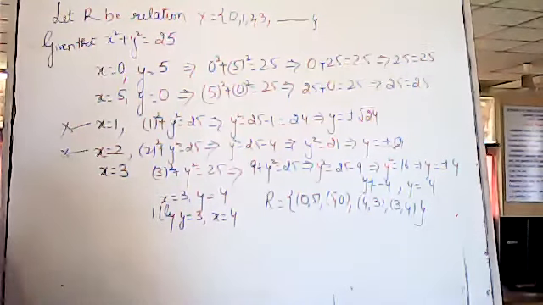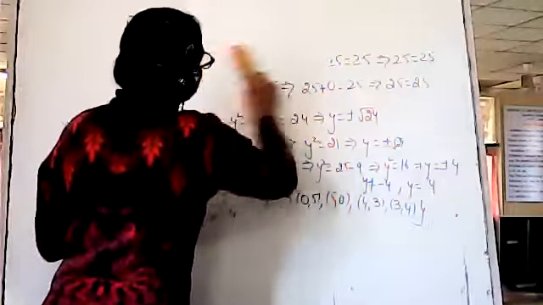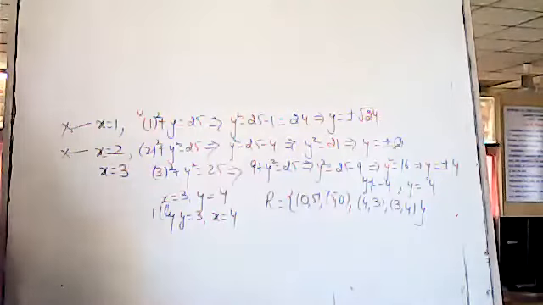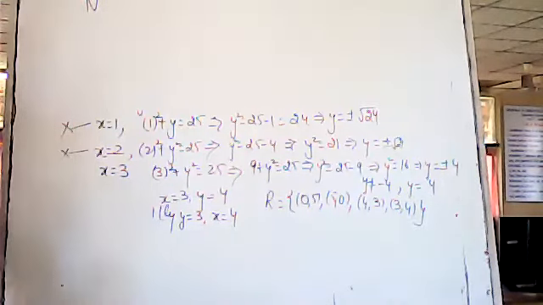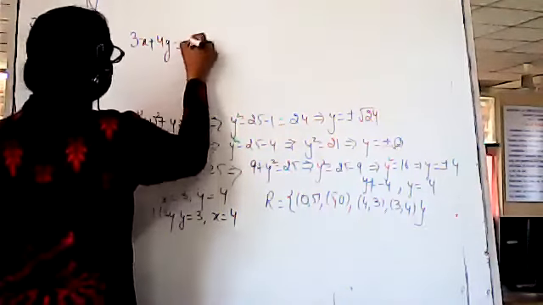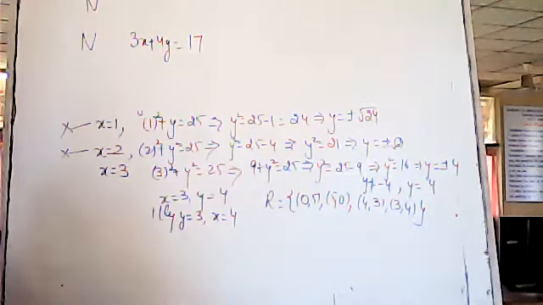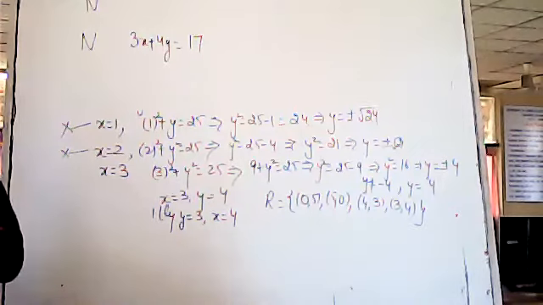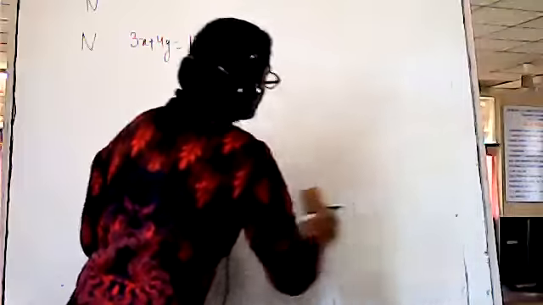Let S be a relation on the set capital N of positive integers, defined by the equation 3x plus 4y equals 17. Write S as the set of ordered pairs.